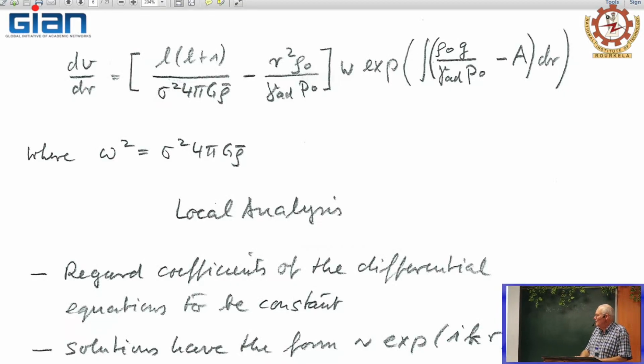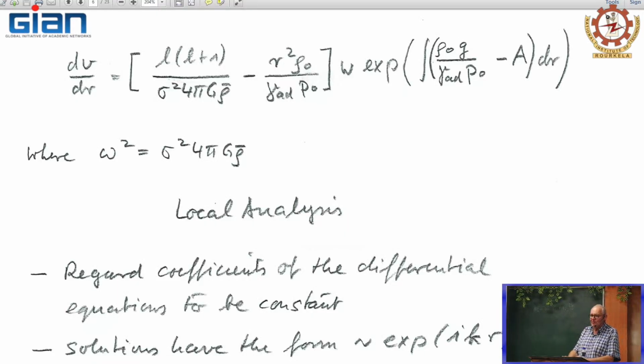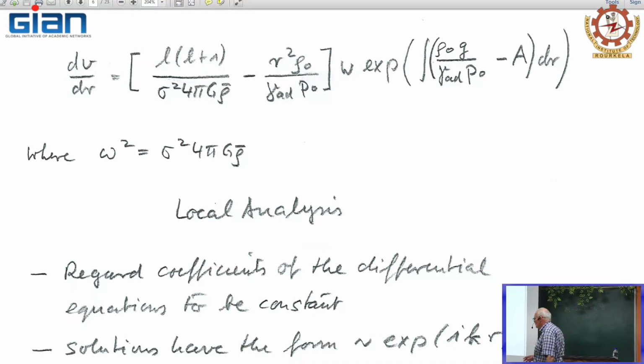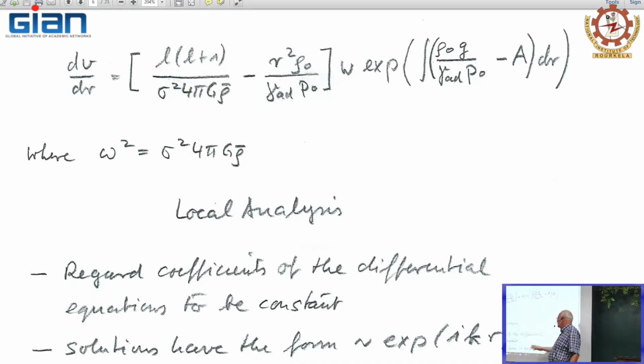The question is, under which condition could we consider the coefficients to be constant? What might be a justification to keep the coefficients constant and look for solutions of the form of an exponential? What might be an argument?